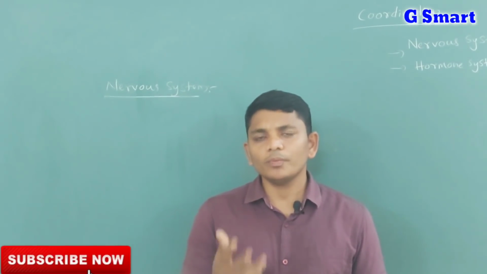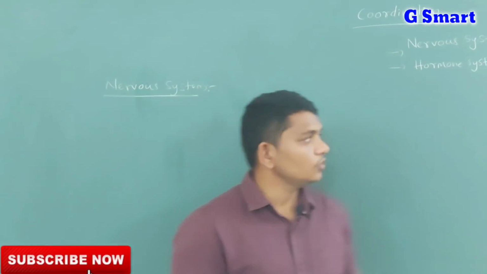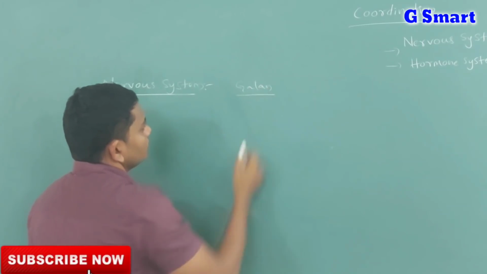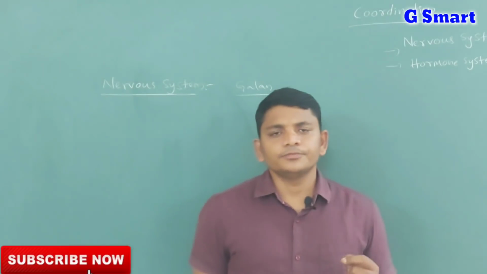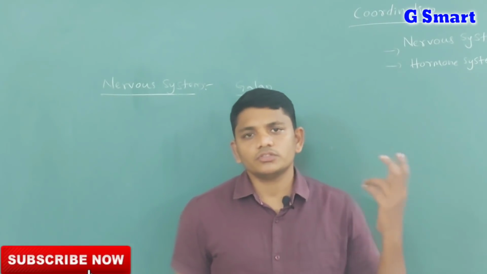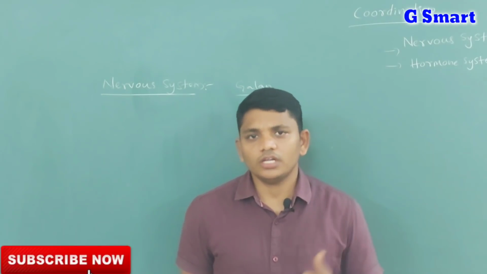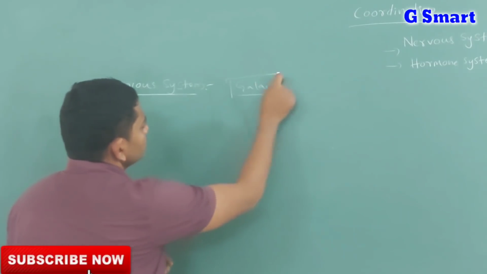This is told by the scientist called Galen. Clear? He is a scientist who told us that nerves are mainly of two types, sensory nerve and motor nerve. Clear?